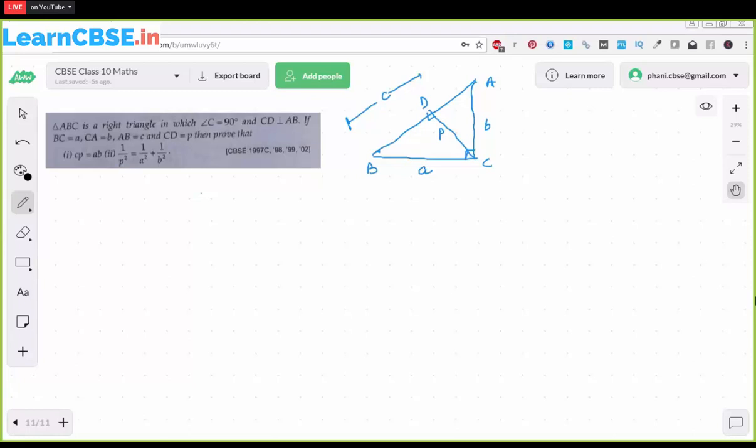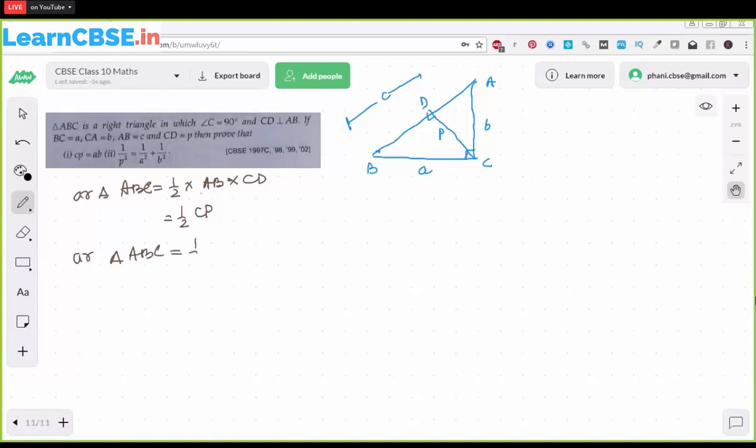So the first thing we can write is the area of the triangle ABC equals half into AB into CD. So that is half into C into P. In other way, I can find out the area of the triangle ABC.